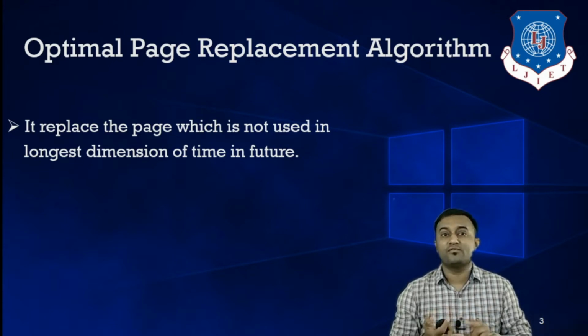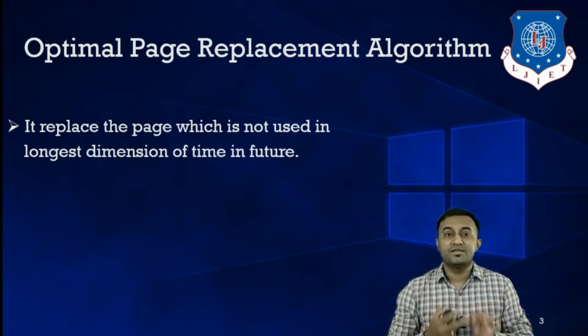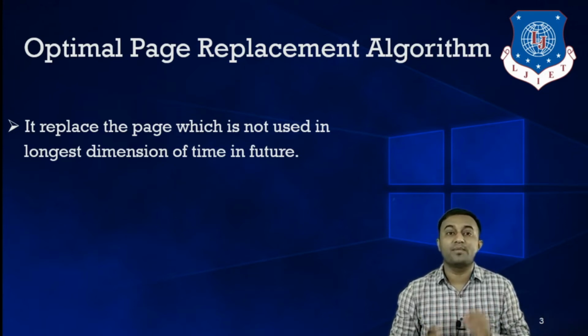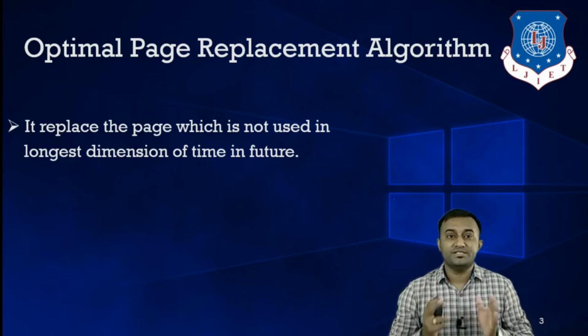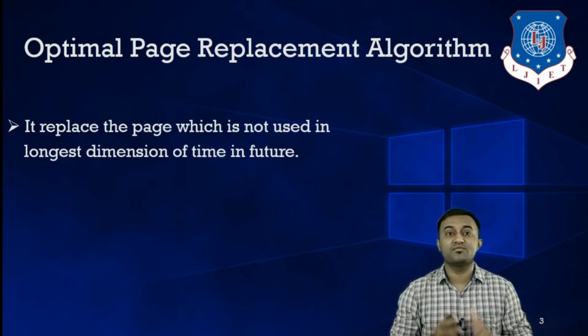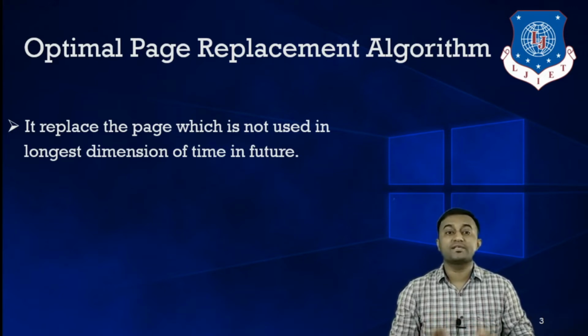In the case of first in first out, we consider the senior-most page, which is replaced with the upcoming page coming from the secondary memory. But in this case, instead of the senior-most page, we replace the page which will not be used for the longest duration of time in the future.